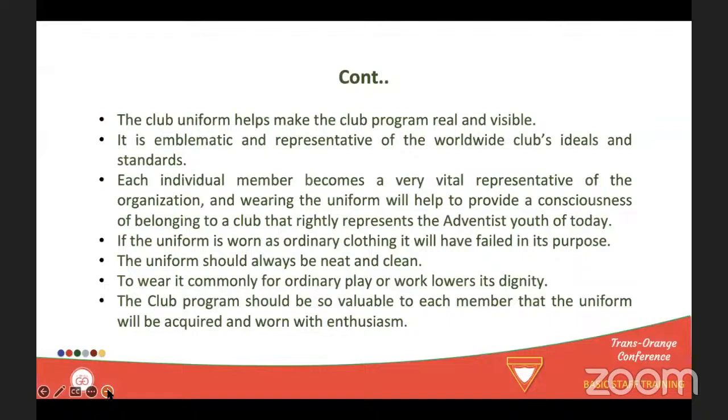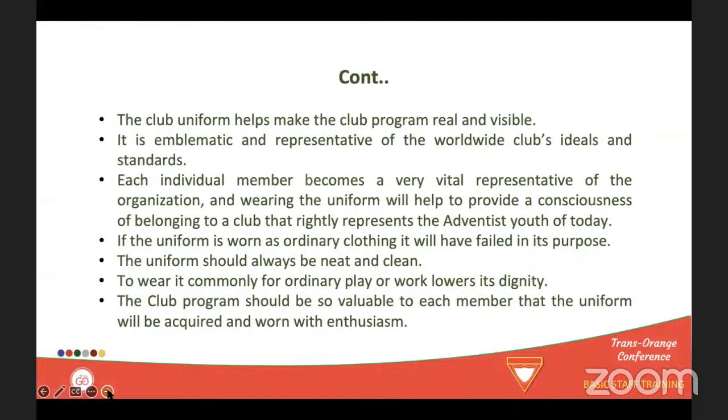If the uniform is worn as ordinary clothing, it will have failed its purpose. The uniform should always be neat and clean. To wear it commonly for ordinary play or work lowers its dignity. The club program should be so valuable to each member that the uniform will be required and worn with enthusiasm.